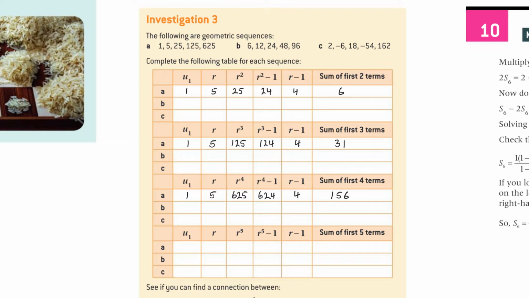Good. And here we've got 1, 5. And then we've got 5 to the 5th is 3125. And this would be 3124. This is still 4, and the sum of the first 5 terms is going to be 156 plus 625, so that's 781.